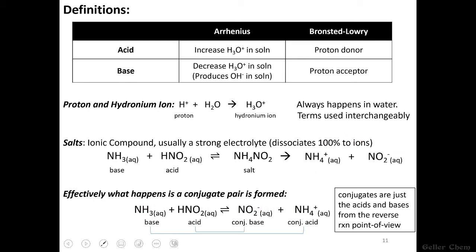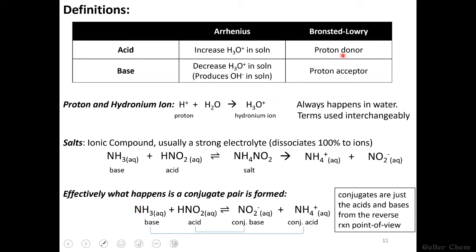And we call these products a conjugate acid conjugate base pair. There are a couple of ways that you may have learned to define these, but the way that I see it, the conjugate acid and base are just the acid and bases from the reverse reaction's point of view. If we think of these as the reactants, we can see that NH4+ loses a proton to become NH3.